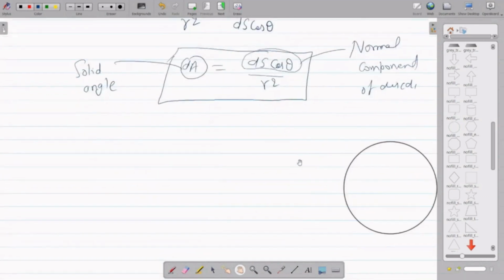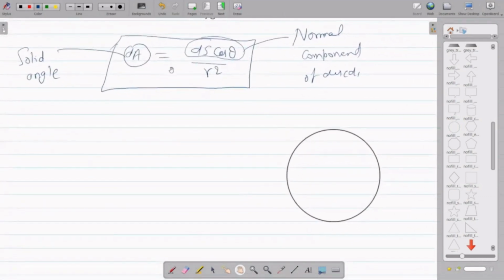Now finally, I want to apply this equation for calculating the solid angle for a complete sphere. For this, I'm selecting any arbitrary surface on this hypothetical sphere. Suppose this is the center O, and this is the line of sight, which also represents the normal to this surface element, right? And I can connect all points of this arbitrary surface to the observation point like this.